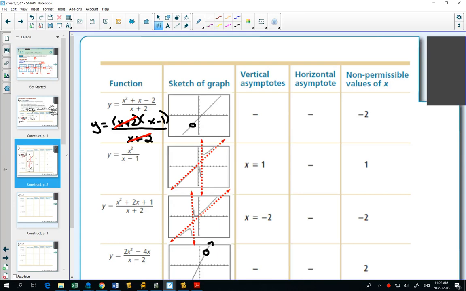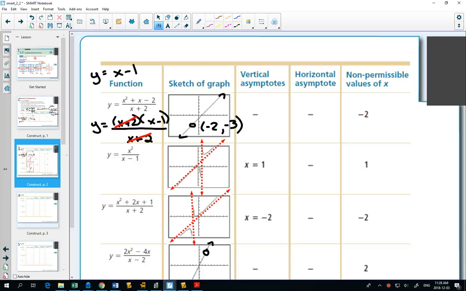We still have a non-permissible value at -2, but then the graph that we have is just the line y equals x minus 1, because that's what the equation becomes after it simplifies. Can someone tell me the y coordinate of my hole? -3. Plug in -2 for x, and now you would get -3. That's the coordinate of the hole.